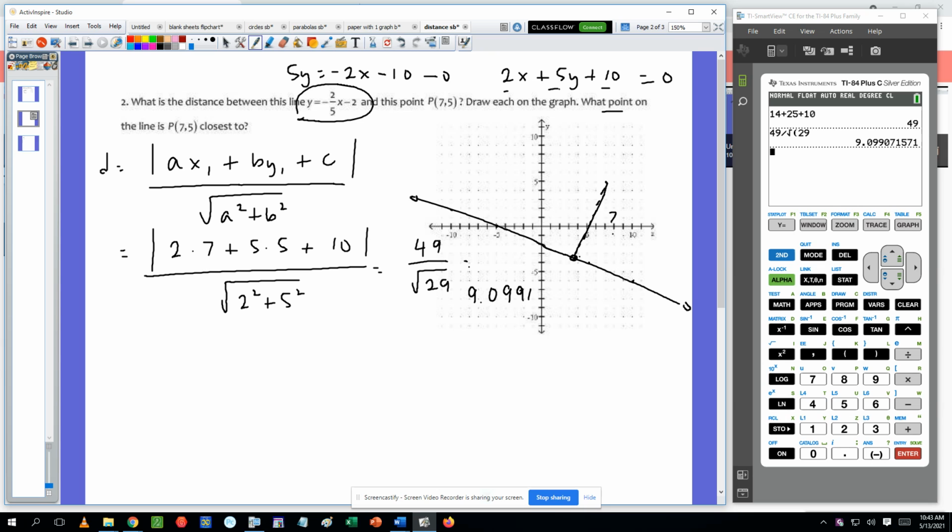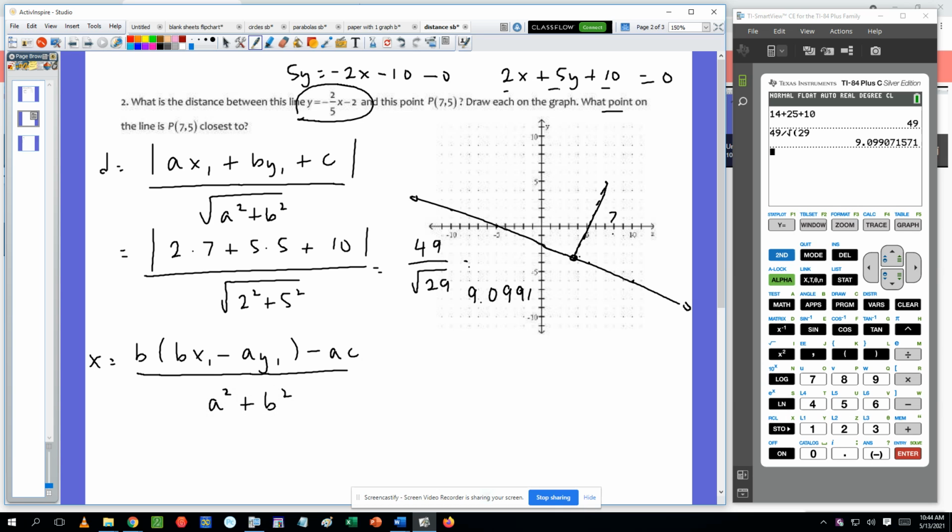Now where is here at? That's another formula. To find the x, you use this formula here. You go B times the x coordinate, minus A times the y coordinate, minus AC, over, no square root, A squared plus B squared.